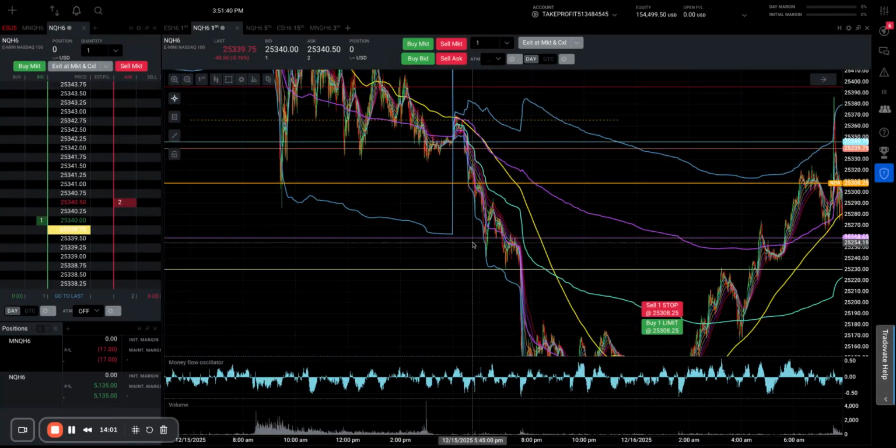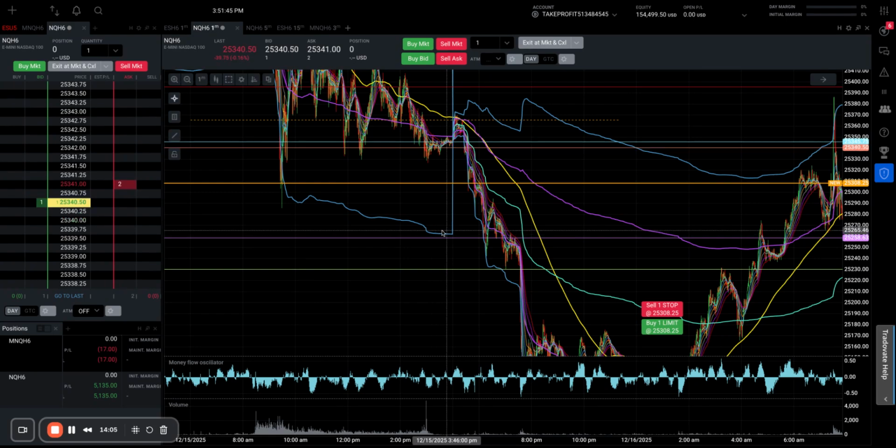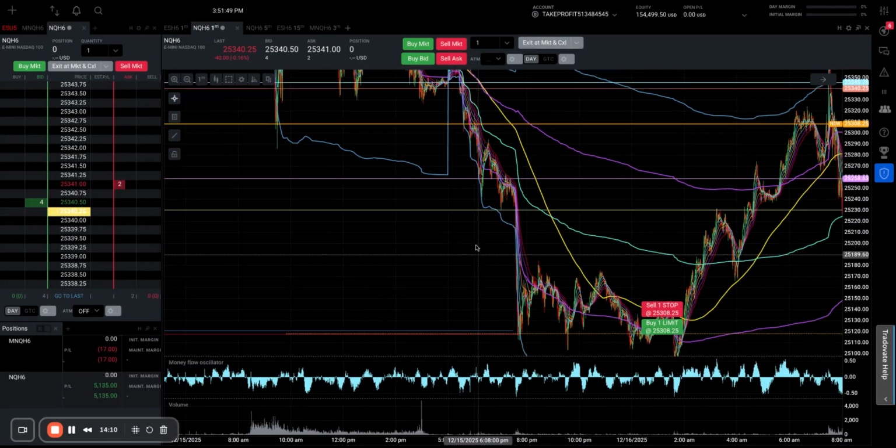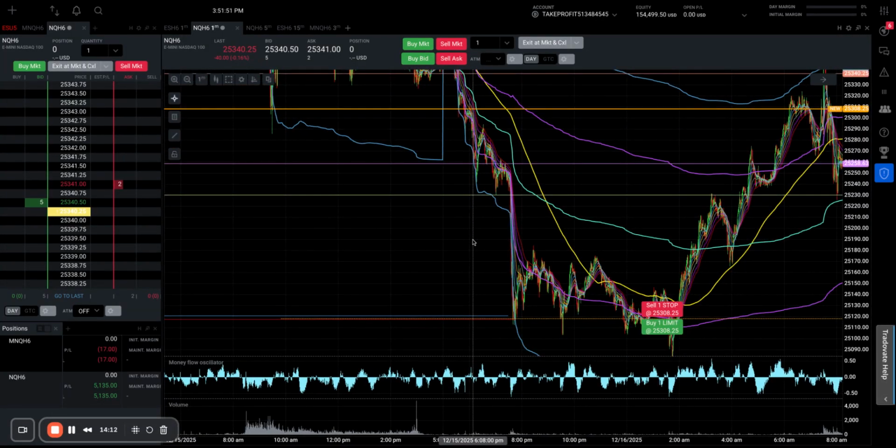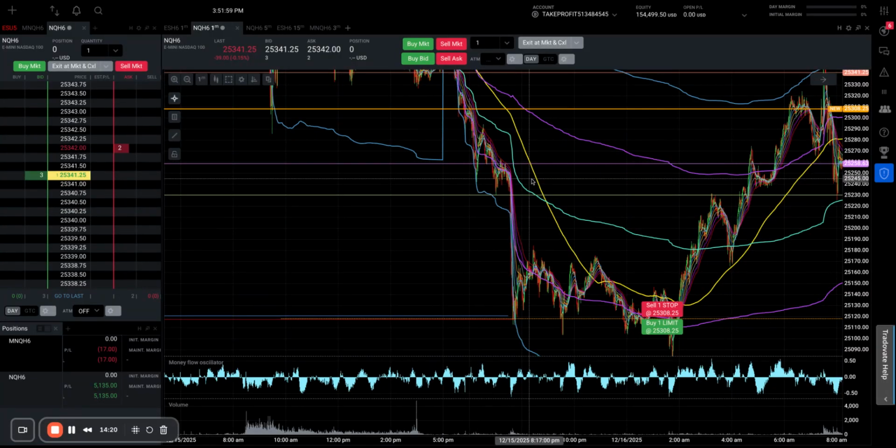I noticed that when you break below the previous day's lower VWAP, you always go down 50 to 150 points, in some cases 300 points, but you could for sure get 50 to 150 points every time. So look, we broke here. Okay, we broke here. So let's see how many points we got.